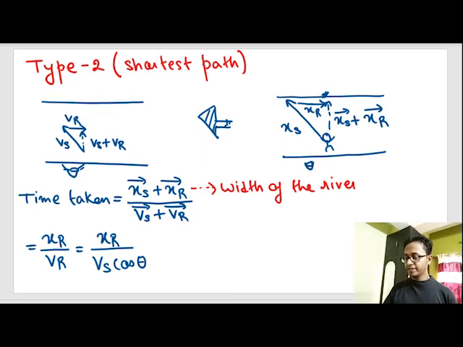Xr by Vr, so Xr stays the same, Vr gets converted to Vs cos theta, sorry, not cos theta, this is sin theta.